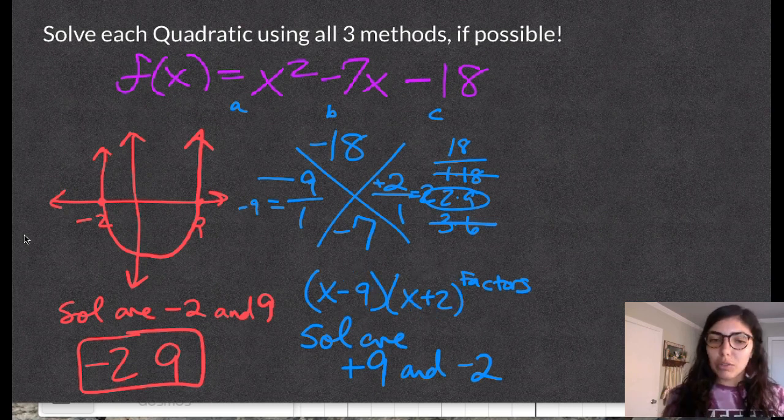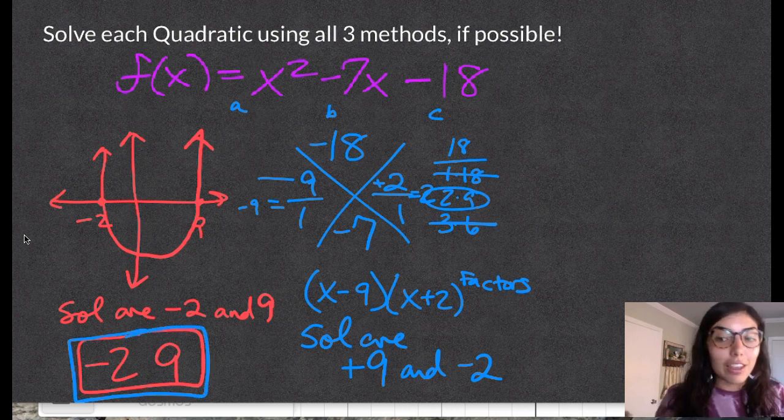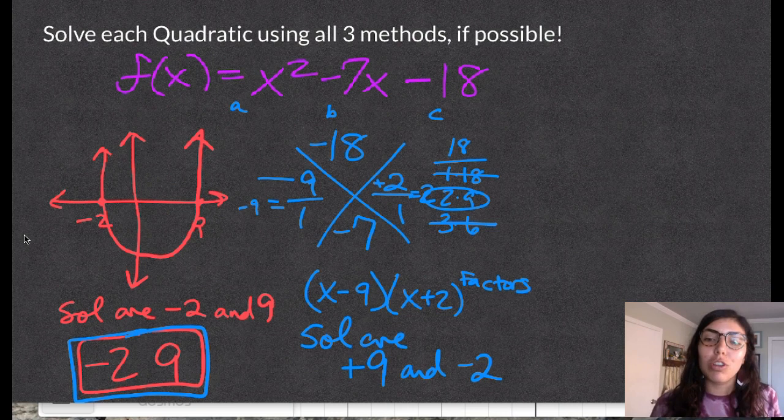Now again, because we're doing the digital forms, instead of typing +9 and -2, what you're going to type in is in number order from least to greatest, -2 space 9. The same numbers, because we're solving the same quadratic just with a different method.